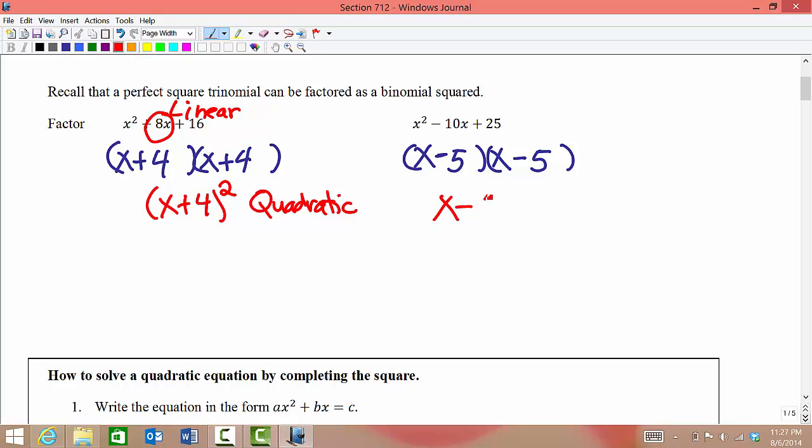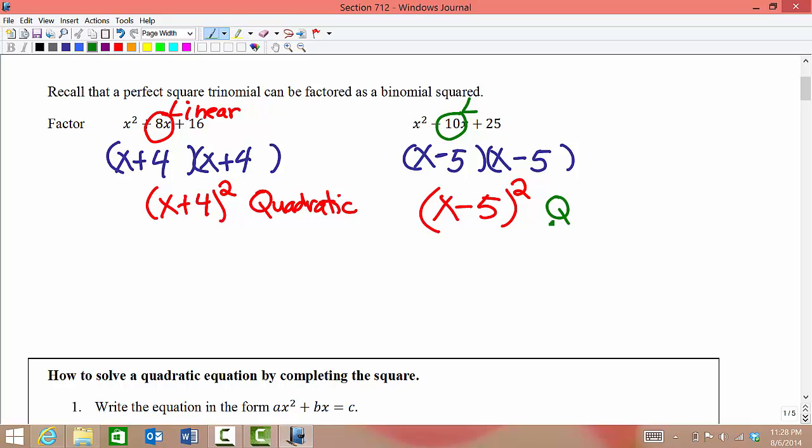And we know that x minus 5 times itself can be written as x minus 5 squared. Once again, we started out with something that was a linear term, and now we have just one big quadratic term. So factoring, in this case, a perfect square trinomial allows us to eliminate the linear term and have just one big quadratic term.